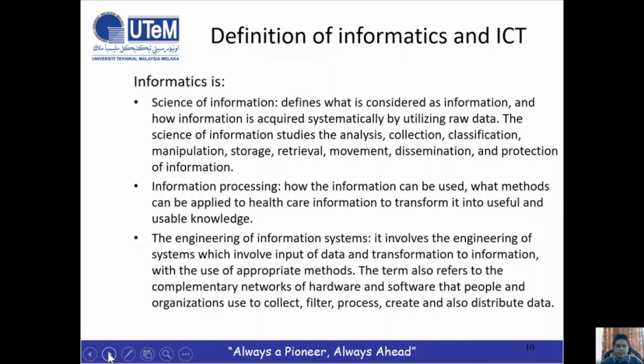And then informatics is the engineering of information systems. It involves the engineering of systems which involve input of data and transformation to information with the use of appropriate methods. The term also refers to the complementary network, hardware and software that people and organizations use to collect, filter, process, create, and also distribute data.